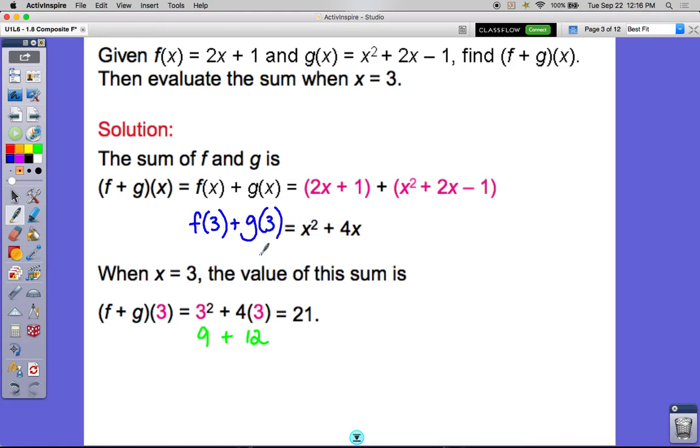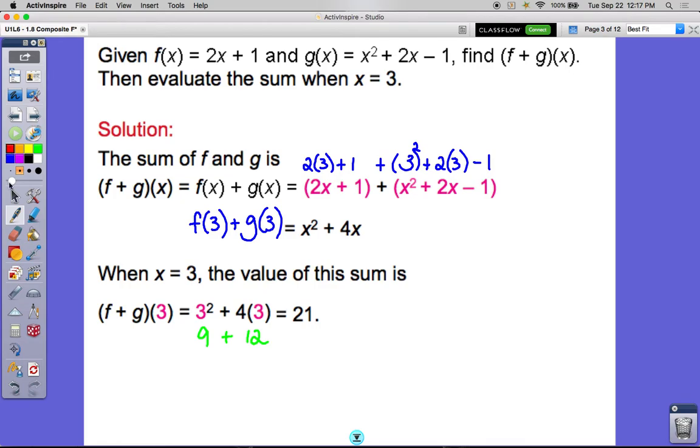Right here, I can say, okay, 2 times 3 plus 1, plus 3 squared, probably best to use parentheses there, plus 2 times 3 minus 1. Let's just, for fun, go ahead and evaluate at 3 first, and then add all those results together.